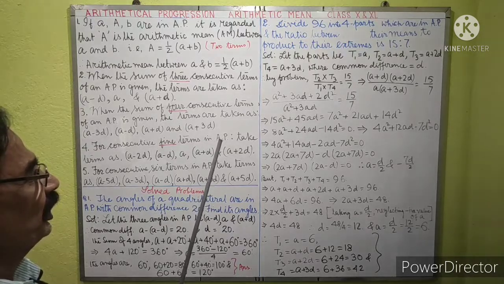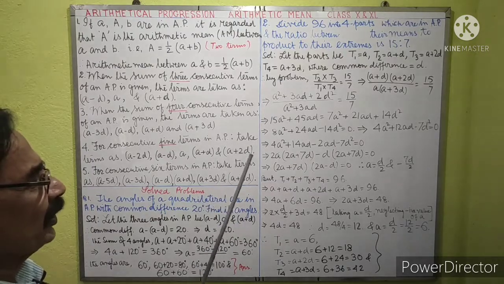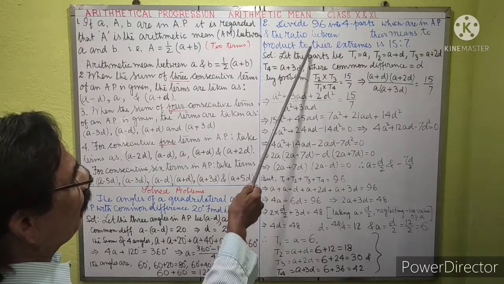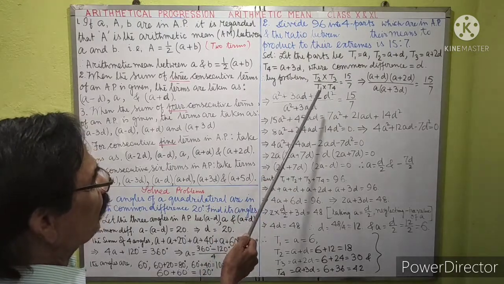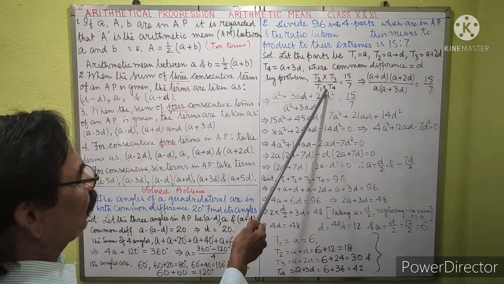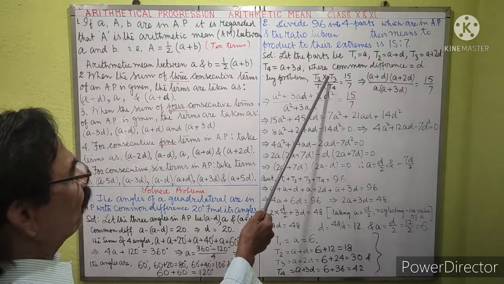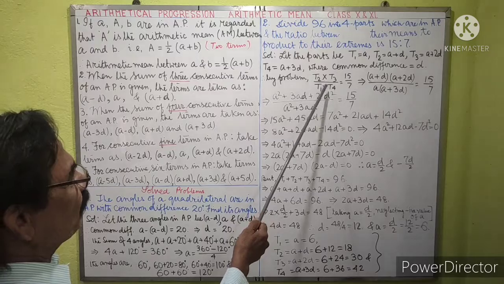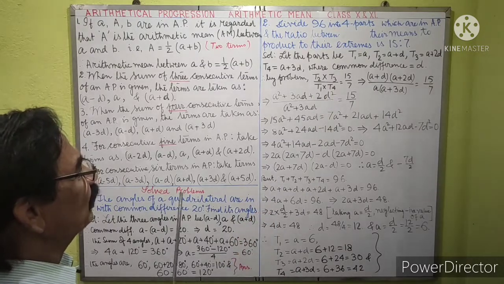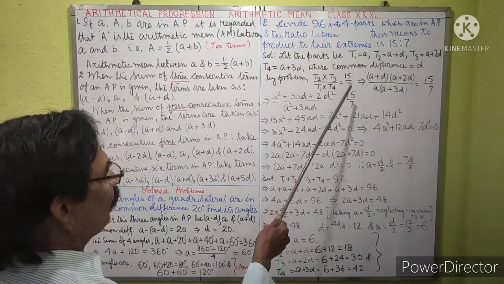T1, T2, T3 and T4 are the consecutive parts where the common difference is d. By the problem, the ratio of their means to extremes is T2 times T3 by T1 times T4. T1 and T4 are the extreme terms and T2 and T3 are the mean terms. It is given as 15 by 7.